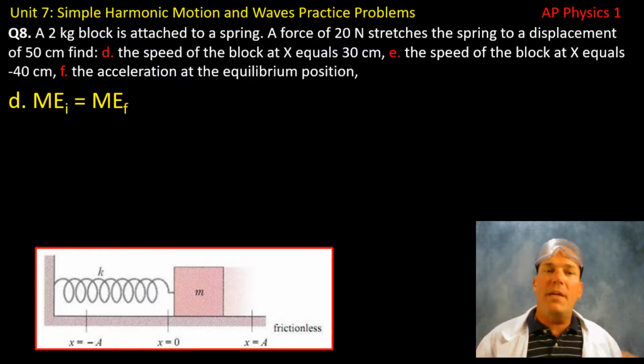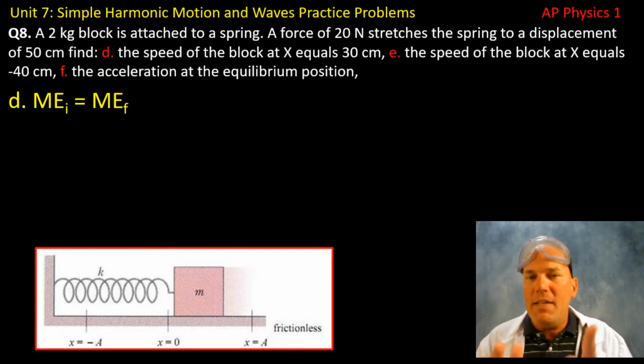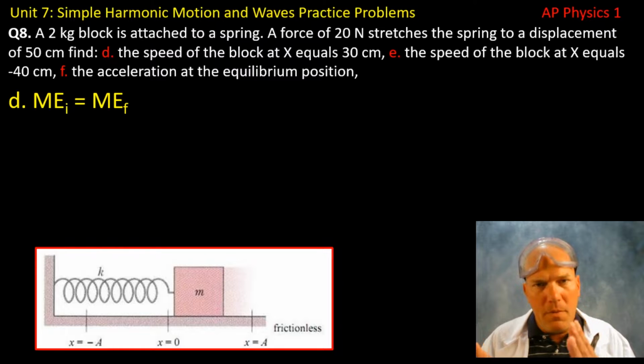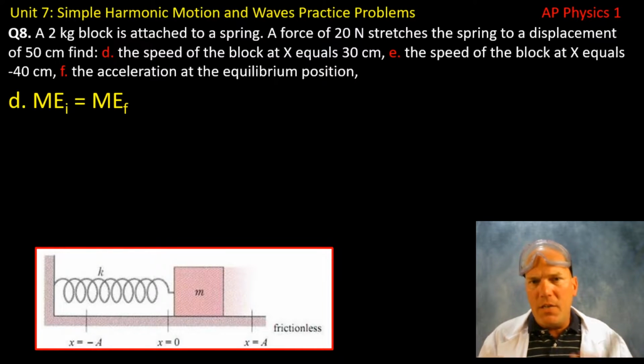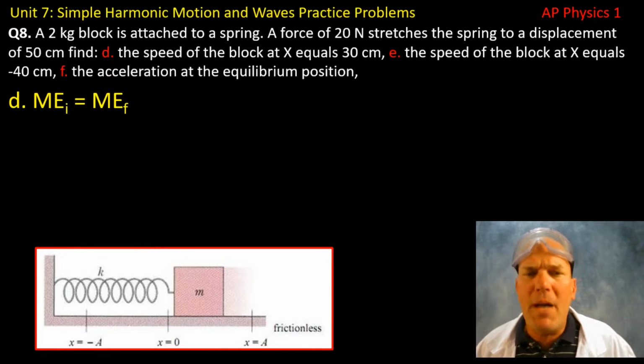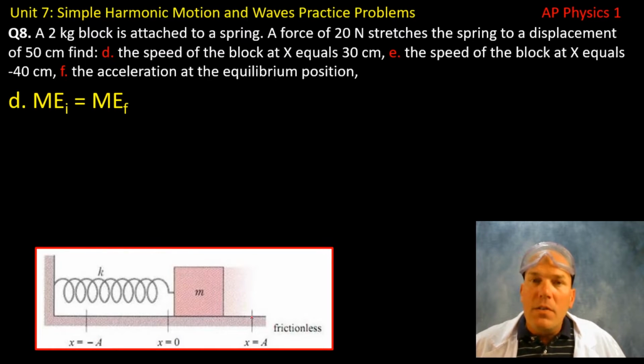Those are our 2 mechanical energies in this problem. So the speed at x equals 30 centimeters. Please don't forget to use SI units here. We need this in meters, so 0.3 meters. Also think about what's going on in D. All right, here's 50 meters, or excuse me, 50 centimeters.